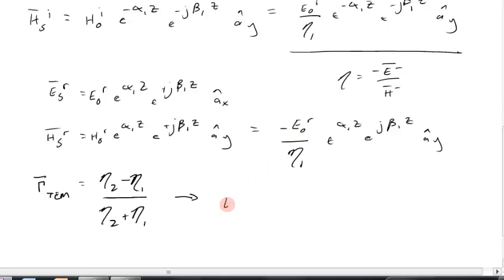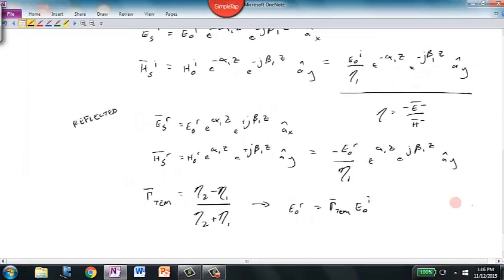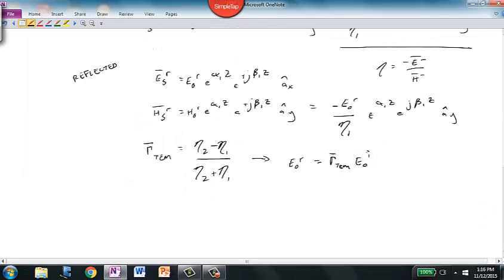It tells us that the reflected initial magnitude and phase of the electric field component is just equal to the reflection coefficient for the TEM mode times whatever the incident electric field component was.